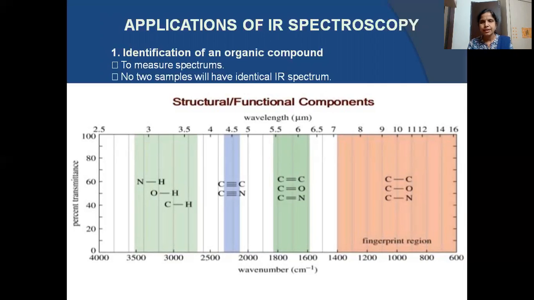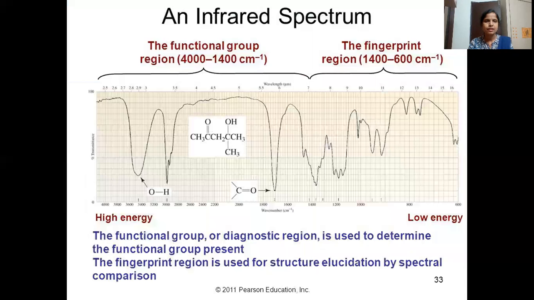Whereas below 1500 is the fingerprint region, where mostly they are bending vibrations. So 4000 to 1400 is the functional group region, then the fingerprint region is from 1400 to 600. The fingerprint region falls under low energetic, whereas the functional group region is high energetic.